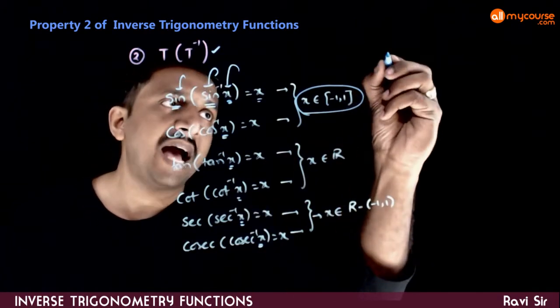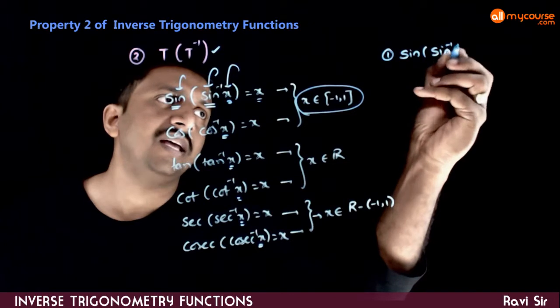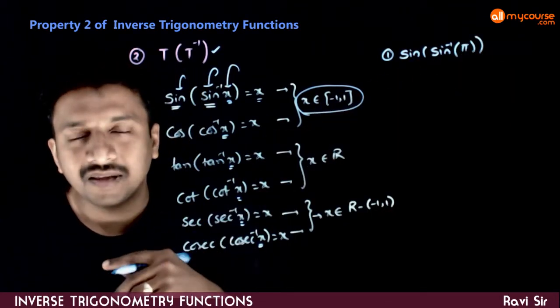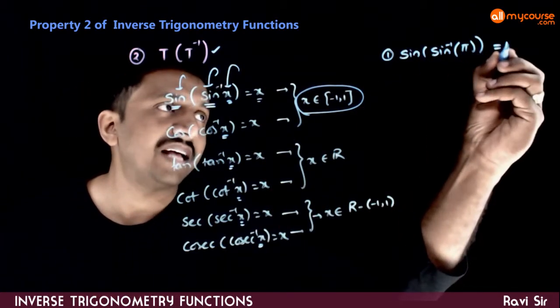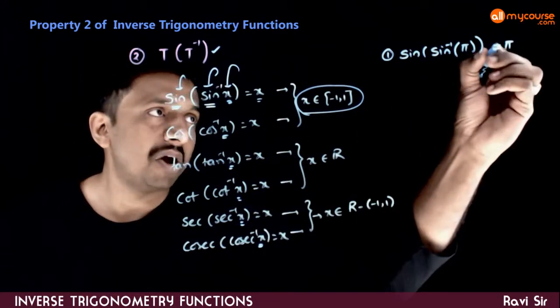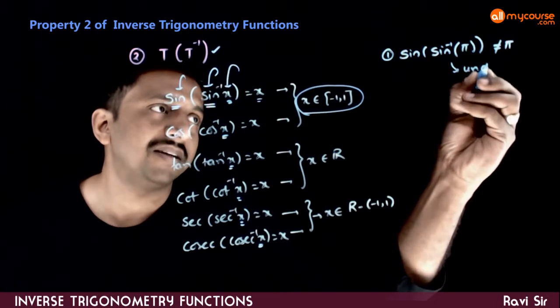For example, if I ask you to find sine of sine inverse of pi. If the question is sine of sine inverse pi, so if you write the answer as pi, you're going wrong. So this is not equal to pi. So the answer for this is undefined.